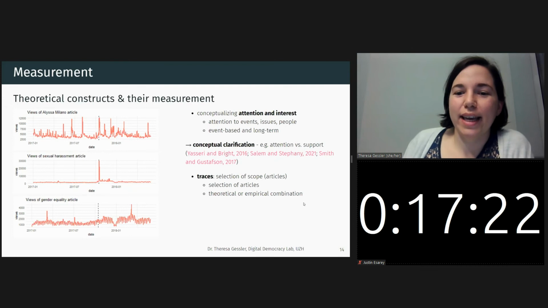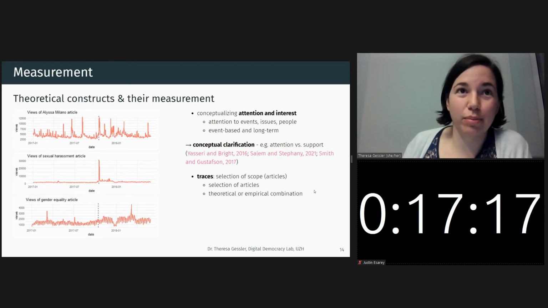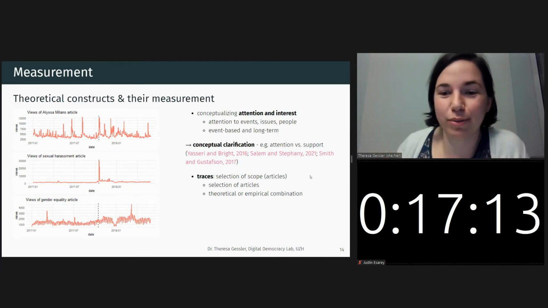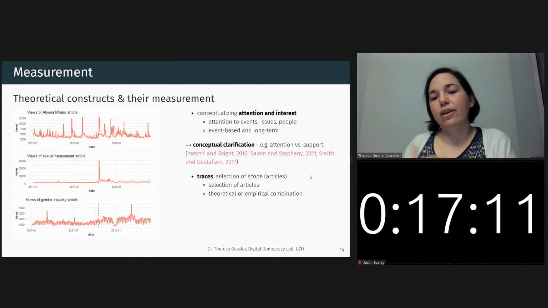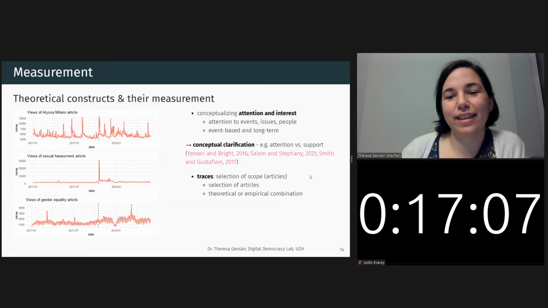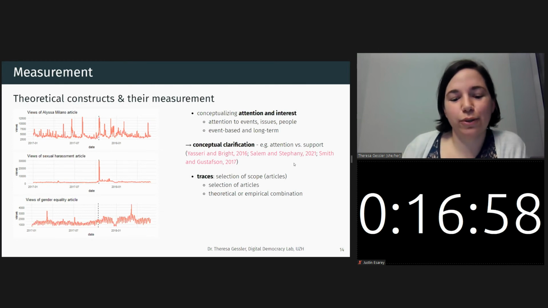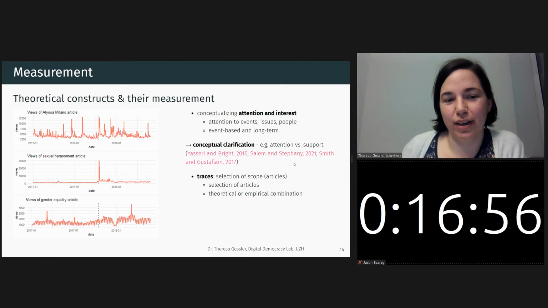What I think is the strength of Wikipedia data, in comparison to survey data that of course offers these attitudes that we're really after, is that we can look at a broader selection of articles and apply different theoretical or empirical considerations in combining them. Quite often different articles offer us a different view on the same phenomenon.